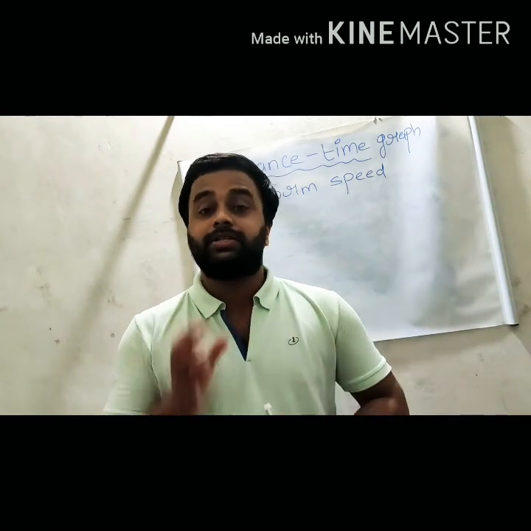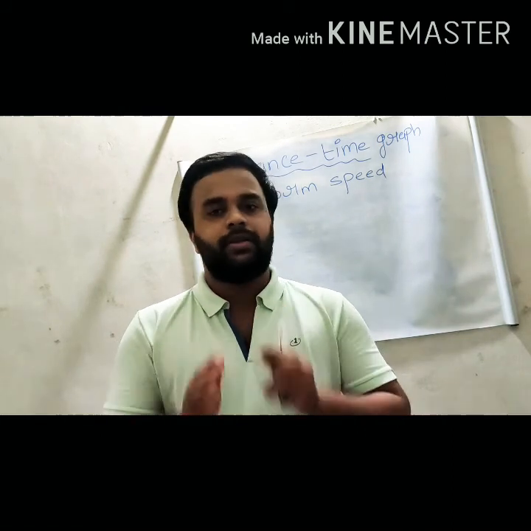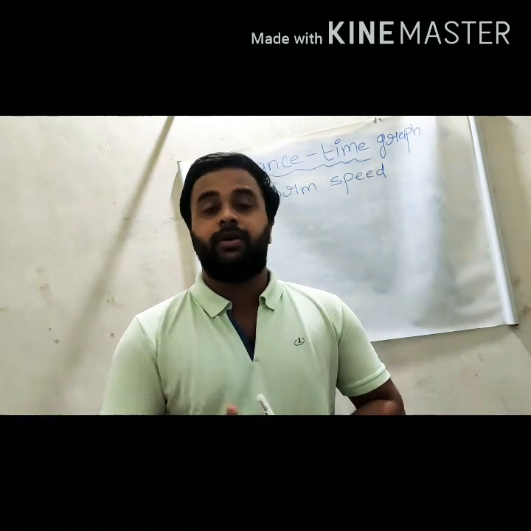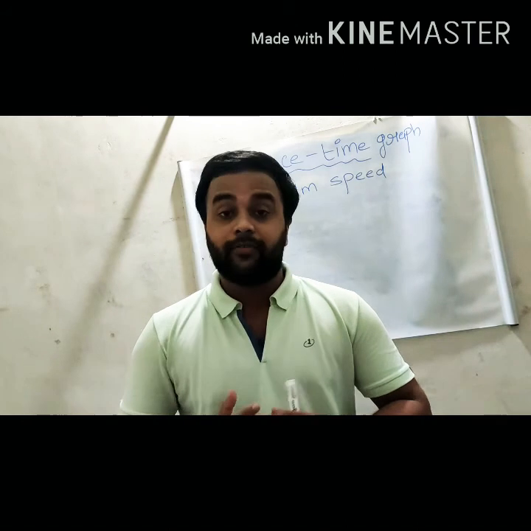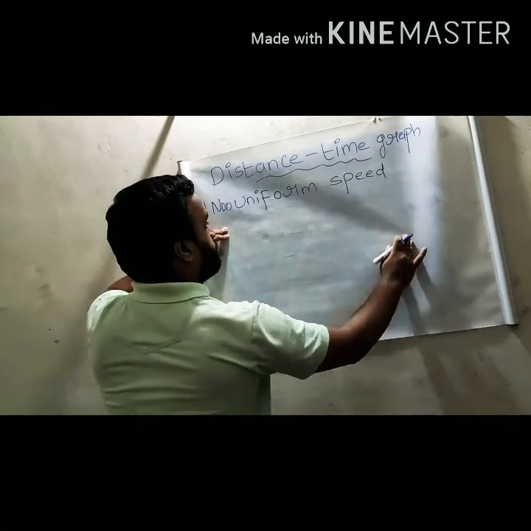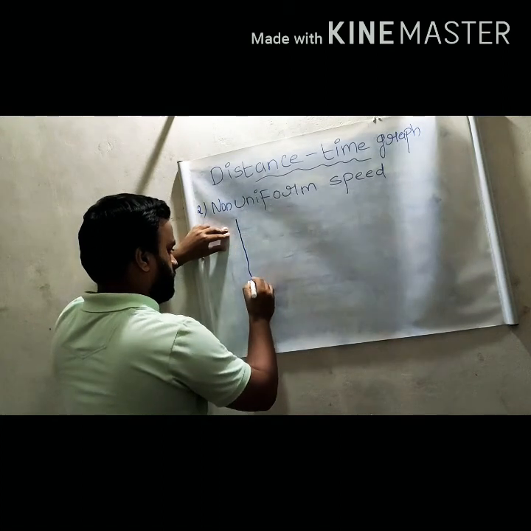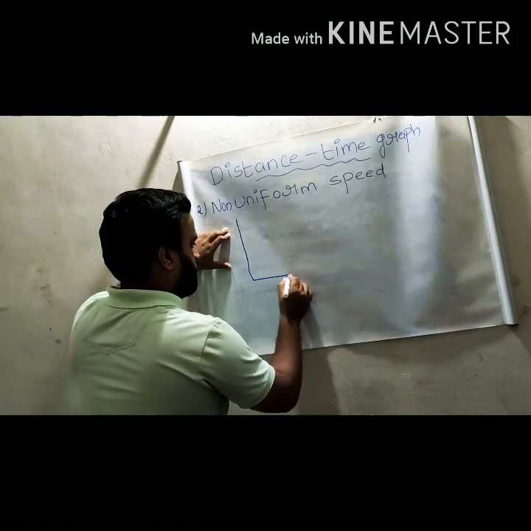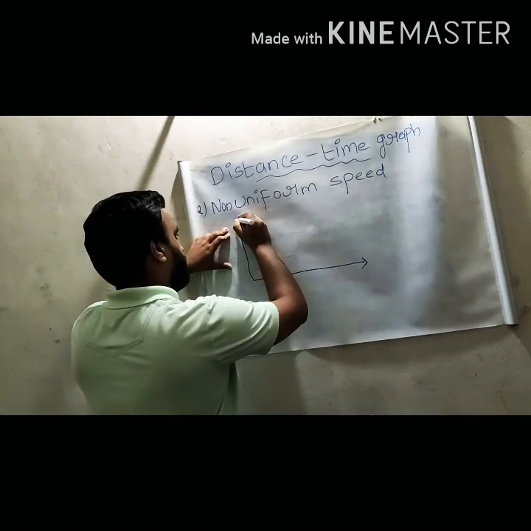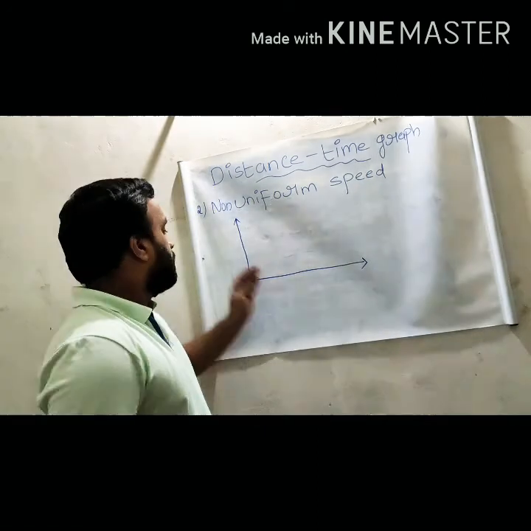So the distance time graph of an object moving with non-uniform speed is not a straight line from the origin. Let's draw how the graph looks. First, draw the two axes, x and y.